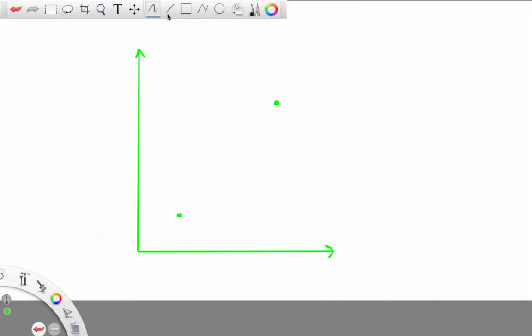And let's say that this point passes through the x-axis here, and this point passes through the x-axis here. I can label this x value as x sub 1 and this x value as x sub 2.